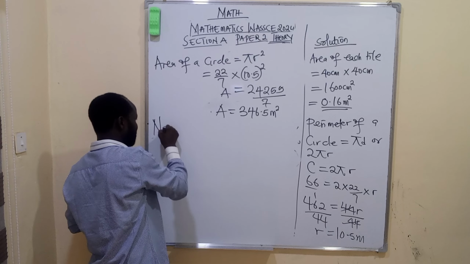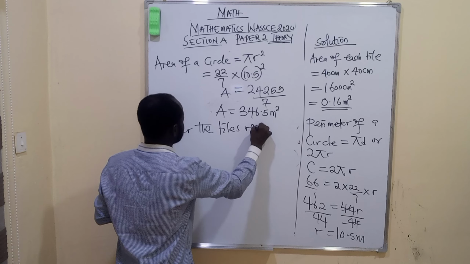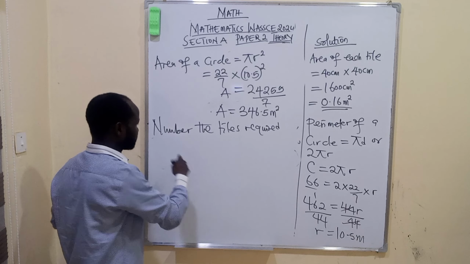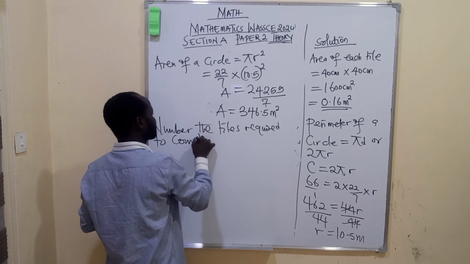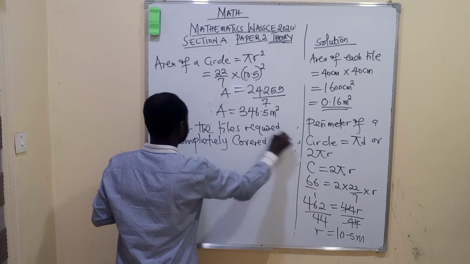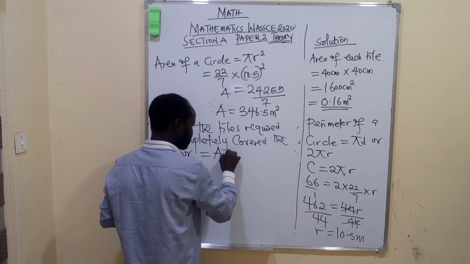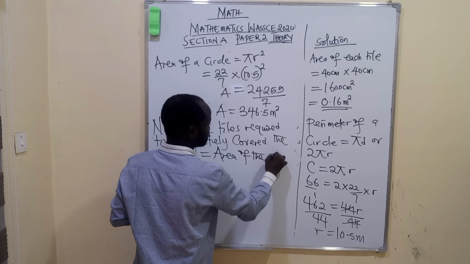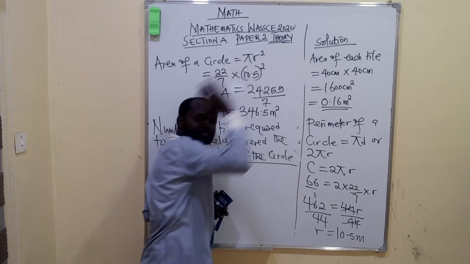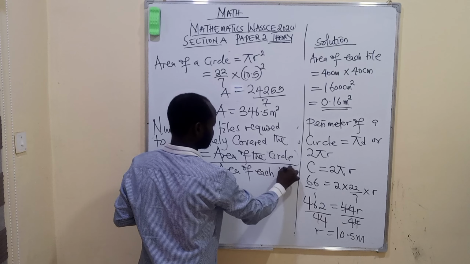So the last thing: the number of tiles required to completely cover that circular floor will be equal to the area of the circle divided by the area of each tile.